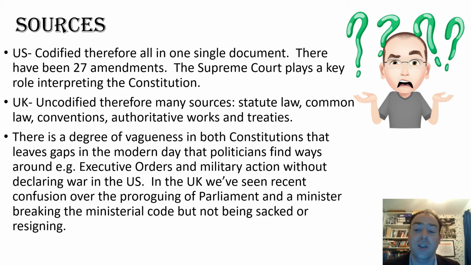There is some similarity here, however, because there is a degree of vagueness in both constitutions. This leaves gaps for modern day politicians to find ways around what the Constitution tells them they're not allowed to do. So in America, we see things like executive orders, which have been extensively used by Trump, and have been used increasingly across all modern presidents.